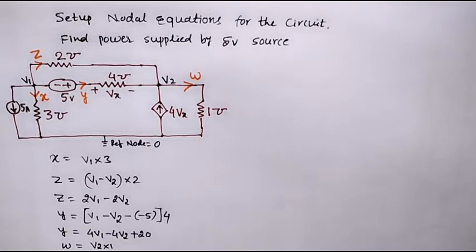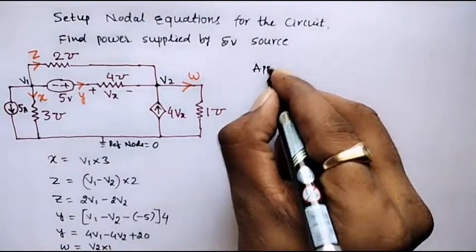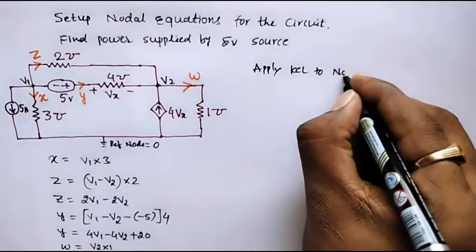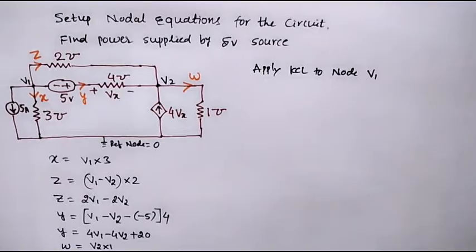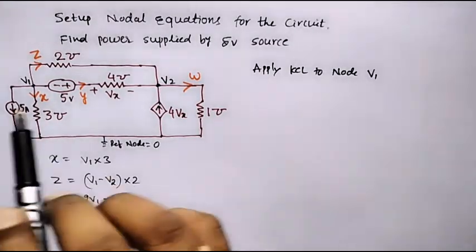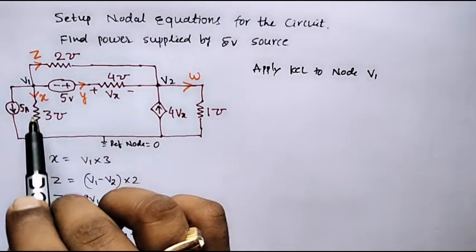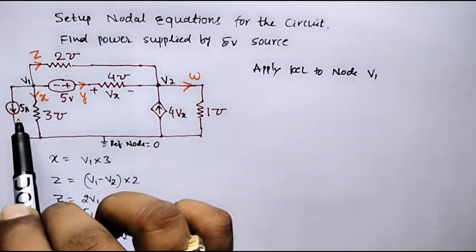Now let's apply KCL to each node, that is V1 and V2. Apply KCL to node V1. We know that in KCL, incoming current is equal to outgoing current. So at this node, all currents are leaving the node, that is X is leaving the node, Y is leaving the node, Z is leaving the node, as well as 5 is leaving the node.